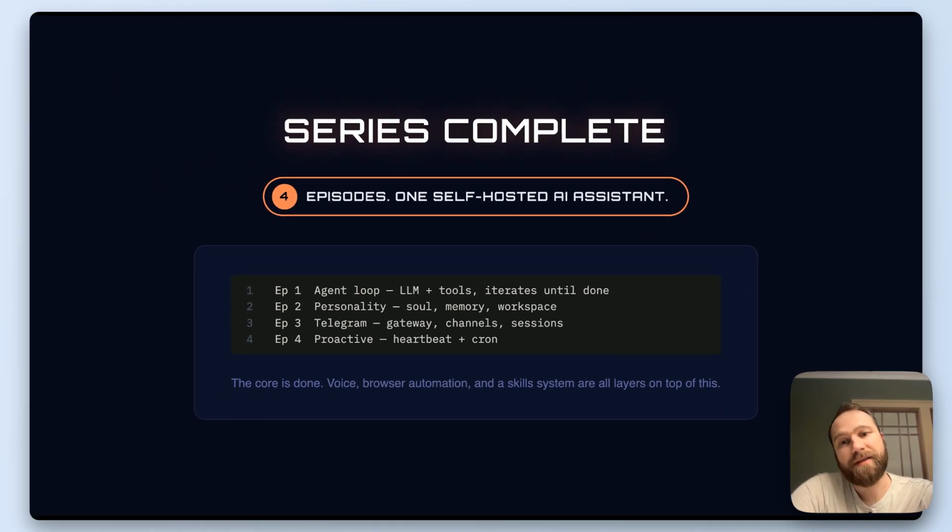So that's a wrap on the series. 4 episodes. We did our agent loop at the beginning. That's the core of this whole thing. We gave it a personality and its own memory, and then Telegram last episode, and then we made it proactive this episode. So that gives you the core of OpenClaw.